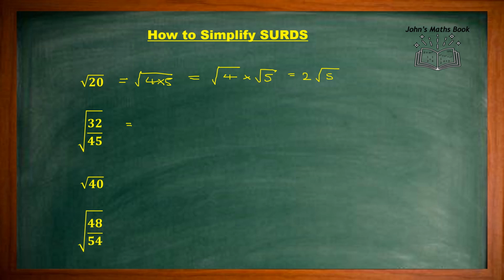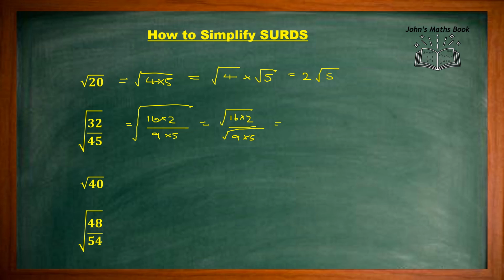So we can write this as 16 times 2 divided by 9 times 5, and that's square root of everything. So this can be written as the square root of 16 times 2 divided by the square root of 9 times 5.